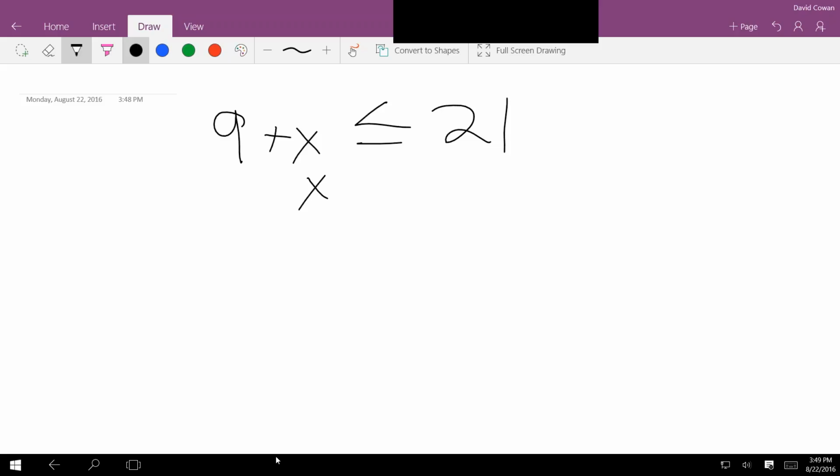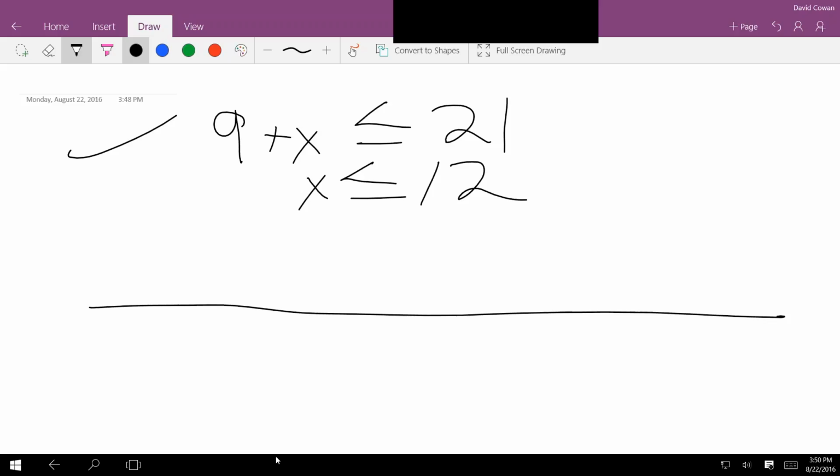Okay, so subtract the 9 and x is less than or equal to 12. Right? And because there's only one variable in that, it has to be a single line graph. It's not an XY coordinate. You can't use an XY coordinate unless there's a Y. So because there's only one variable, we're going to use a line graph.